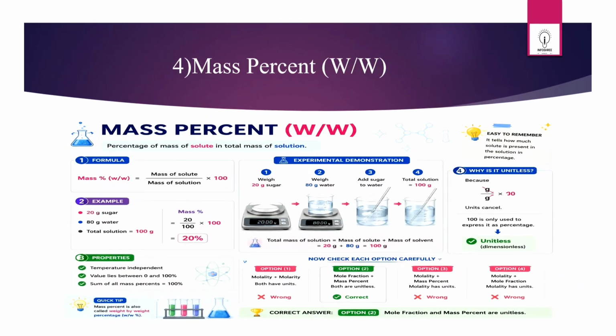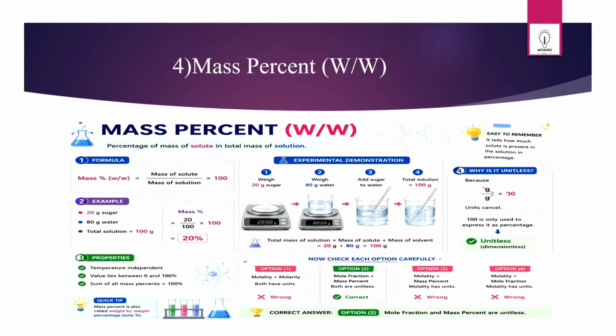Mass percent is the percentage of the mass of a solute in the total mass of a solution. Let's see an experimental demonstration. Weigh 20 gram sugar, weigh 80 gram of water, add sugar to water. Total solution is 100 gram.